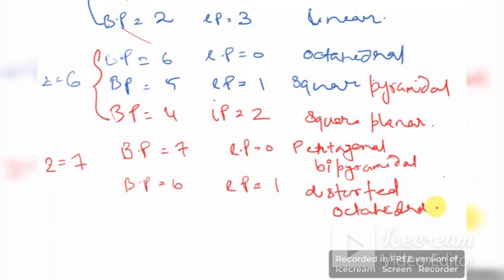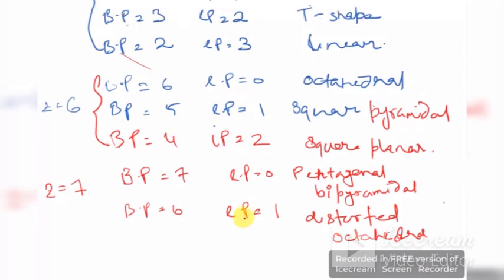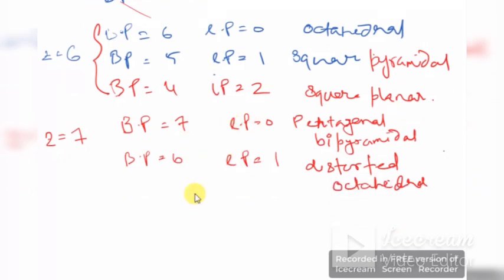So these are the total variations, up to Z equal to 7. Just try to memorize all the variations, and after that, one by one I will show how we can draw the shapes and comment on the hybridization. One by one I will see the compounds.